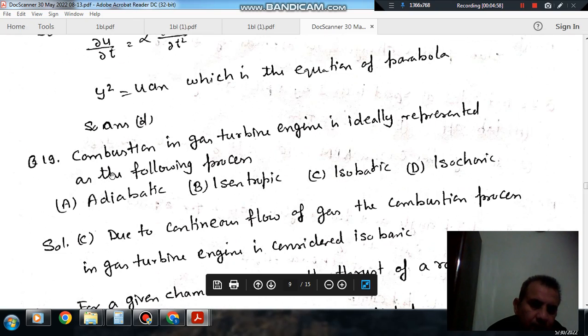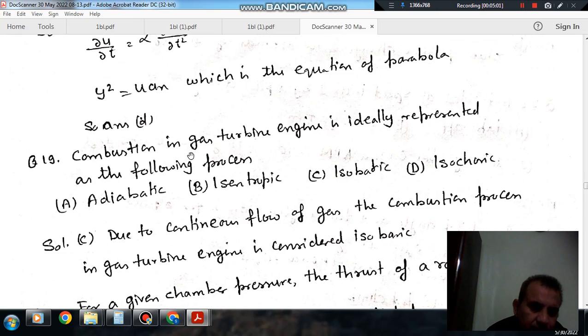Next, combustion in gas turbine engine is ideally represented as the following process. Option A adiabatic, option B isentropic, option C isobaric, option D isochoric.